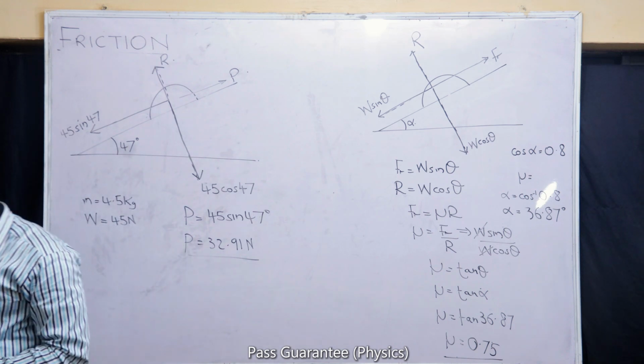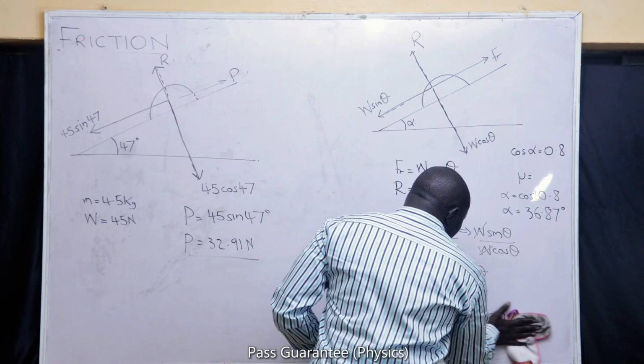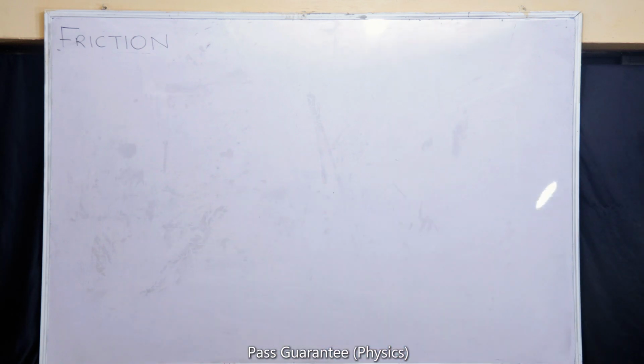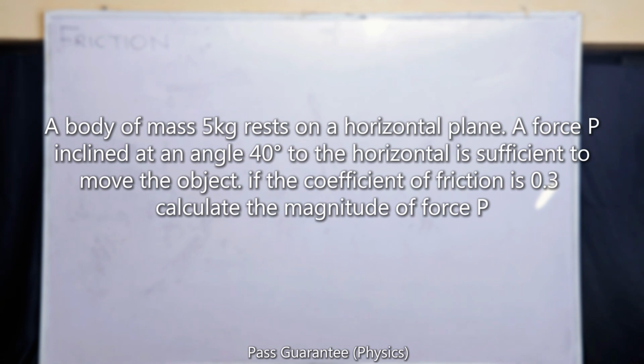We are now going to proceed to more questions on inclined plane. We are told here that a body of mass 5 kilogram rests on a horizontal plane. A force P inclined at an angle of 40 degrees to the horizontal is sufficient to move the object.